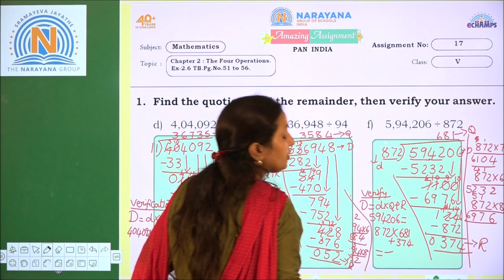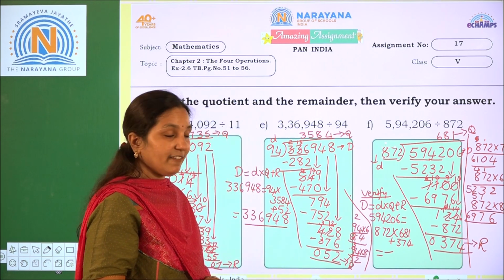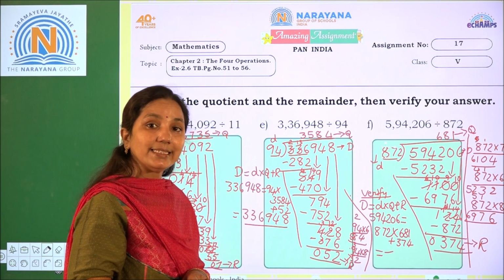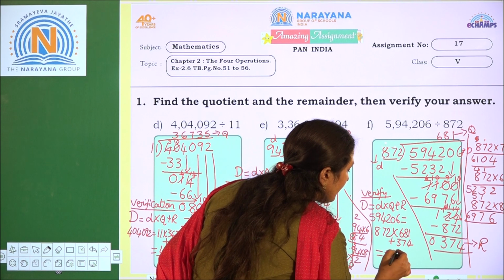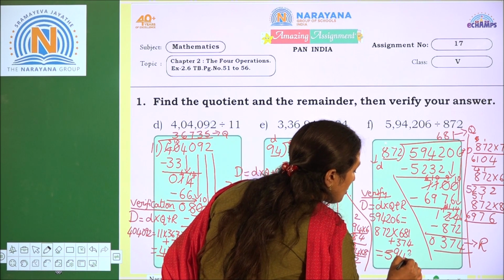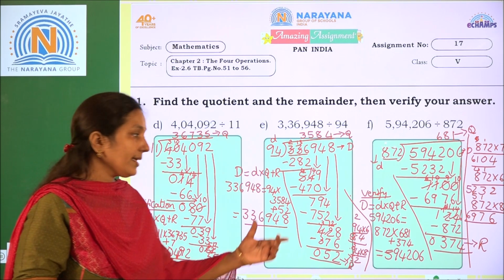So first we have to multiply 872 into 681, then add 374. You will get 5,94,206. Got it, children? Can you practice these numbers again?